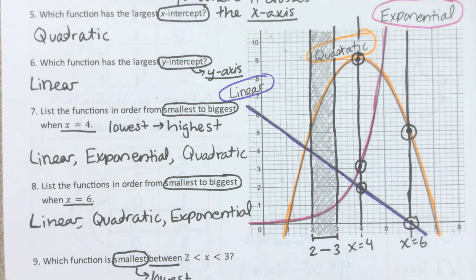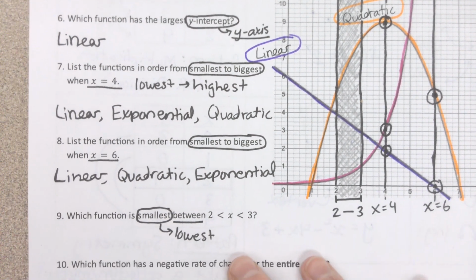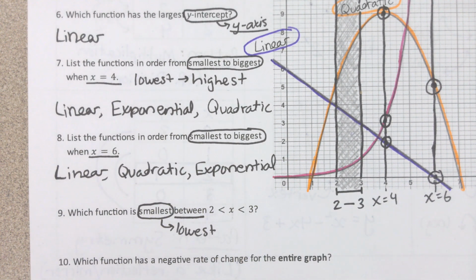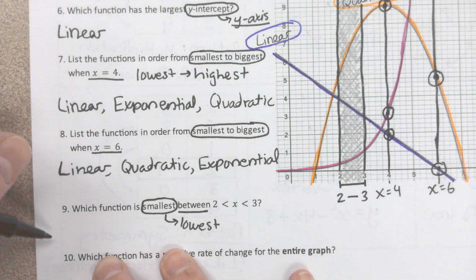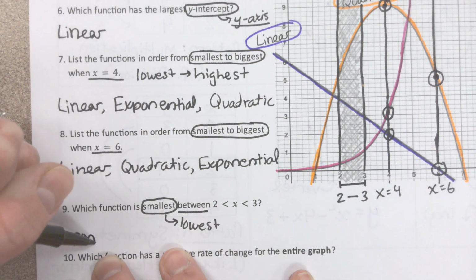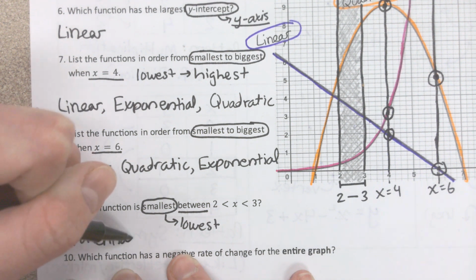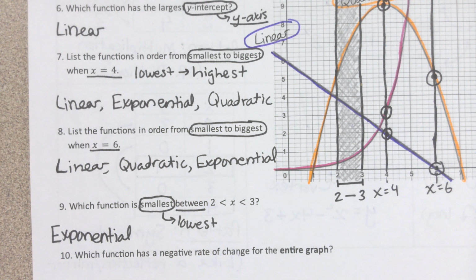Which one? I'm sorry, one more time? 2.5. Where'd you get 2.5? Oh, no. Which of the three functions is lowest? Yes. Exponential is correct. Were you trying to locate the actual value of it? Yeah, no. That's too much. Just give me a name. Exponential is the lowest of the three.